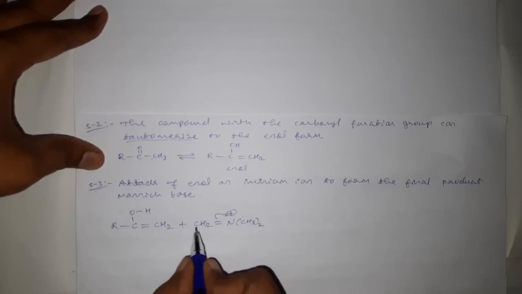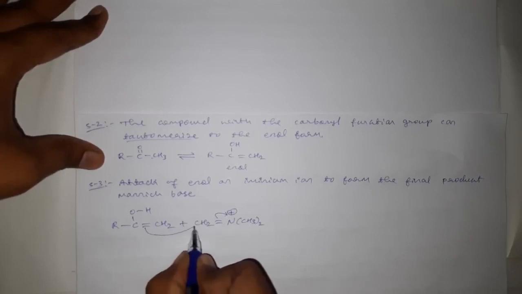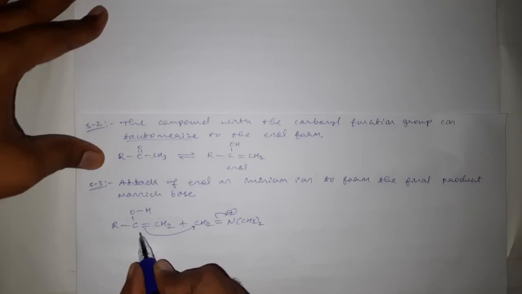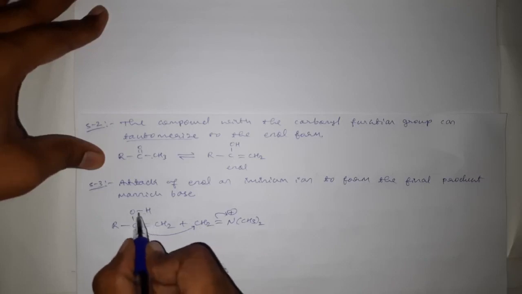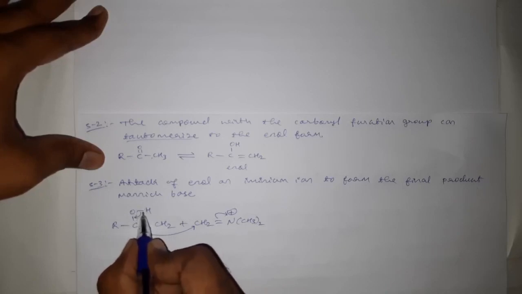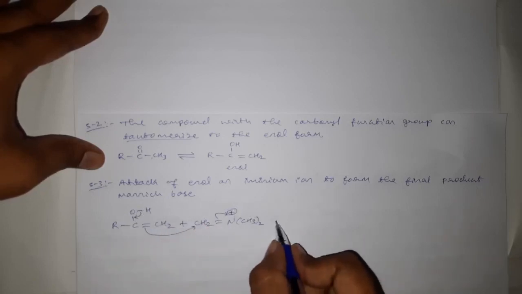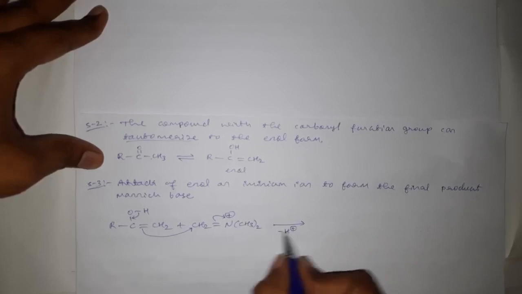And to stabilize this carbon, this double bond will now attack. This double bond will now move towards this carbon to stabilize its covalency, and the oxygen carbon single bond will now become a double bond after the loss of proton, that is H plus ion.